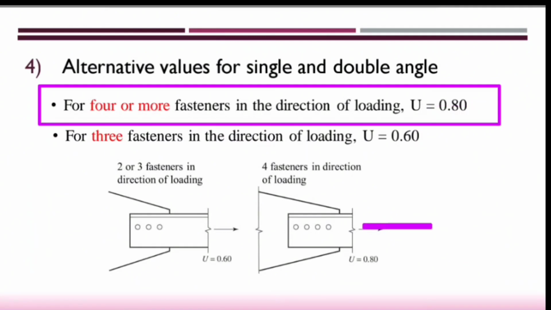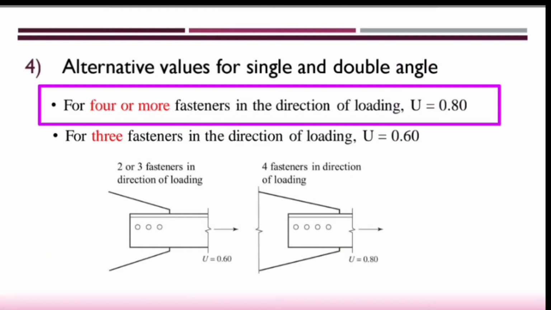Here you see that this is the direction of the loading. In the direction of loading there are 4 bolts. So if the number of fasteners in the direction of loading is 4 or more, then we will be using directly, without calculation, the reduction factor 0.80.